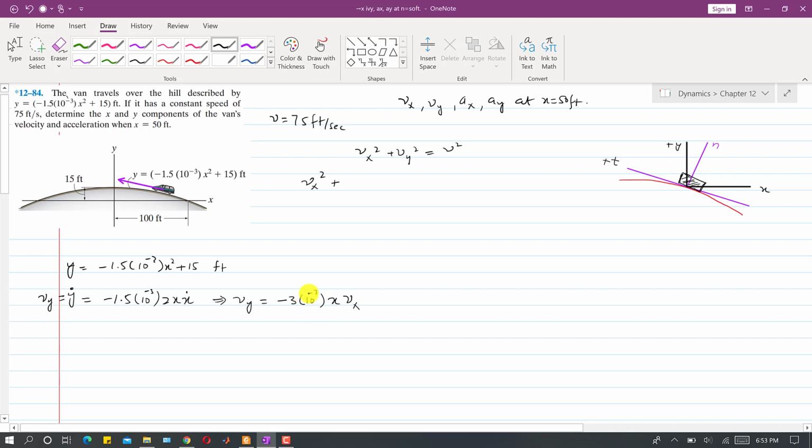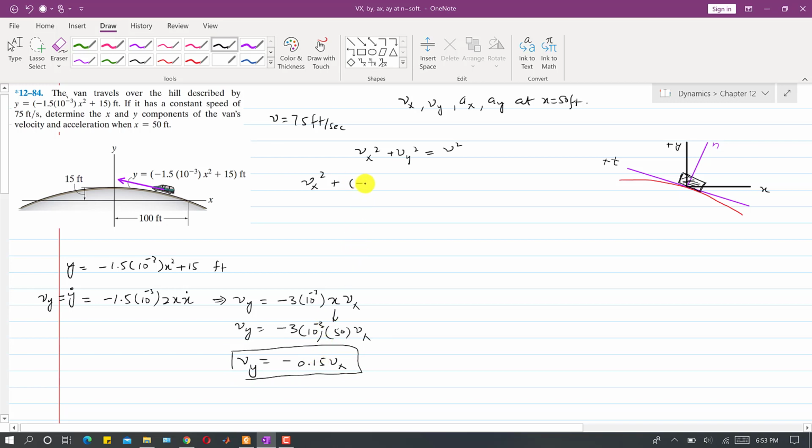And we want to find vy at x is equal to 50. So if I put x is equal to 50 in this equation, that will be the velocity component at x is equal to 50. So this will be minus 3 into 10 raised to the power minus 3, and we will put x is equal to 50 feet. So this comes out to be minus 0.15 vx. So vy equals minus 0.15 vx.